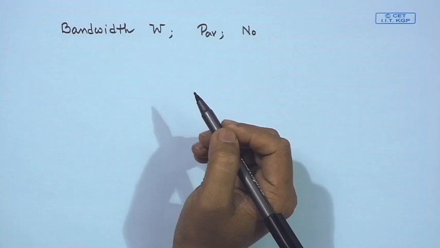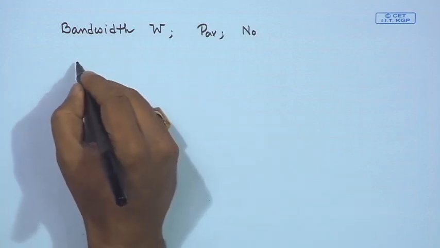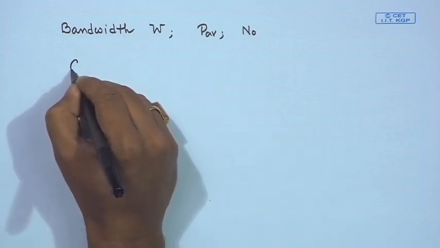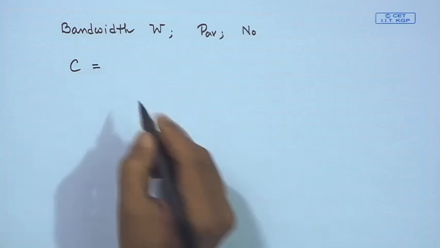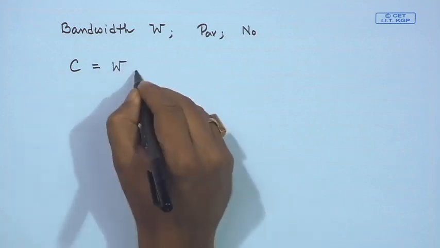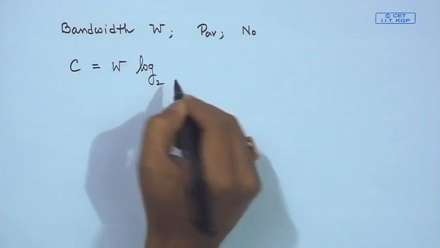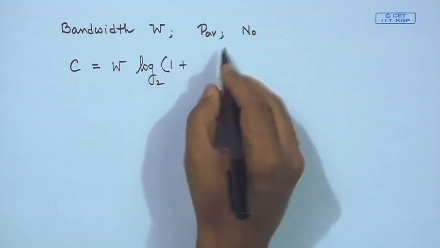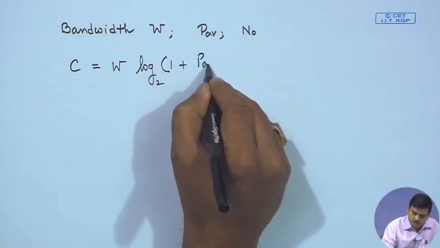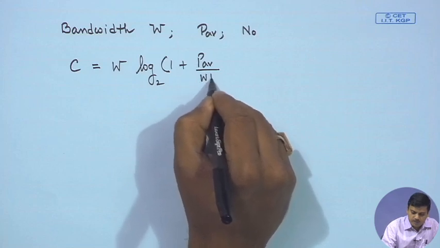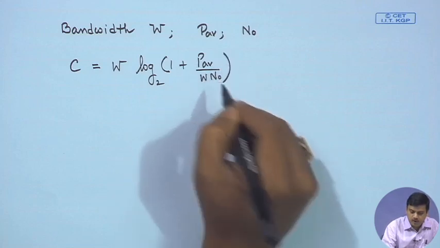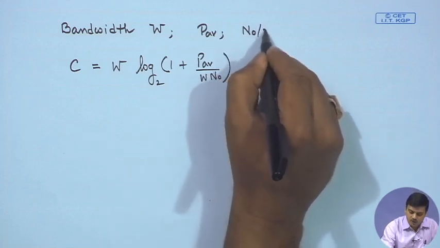So, we can write the expression of channel capacity C as W log base 2 of 1 plus PAV upon W N naught, right. This is what we have got.